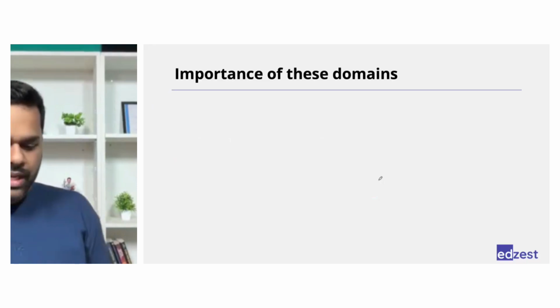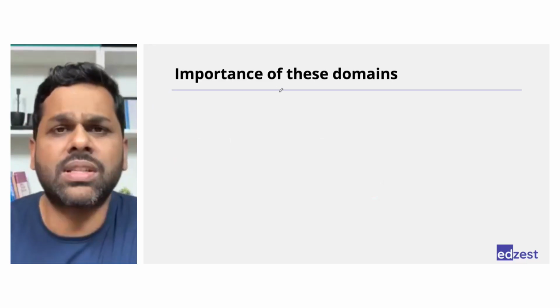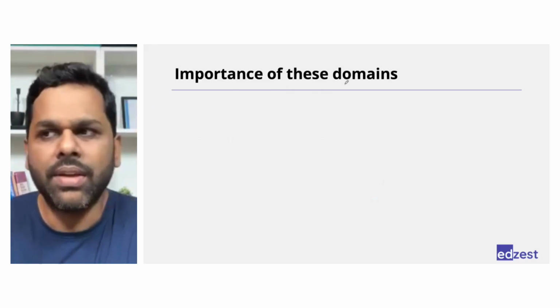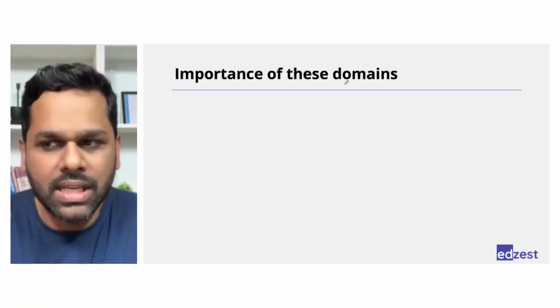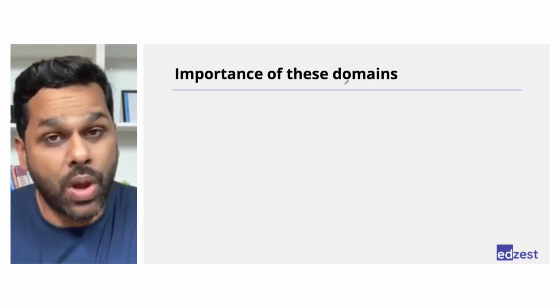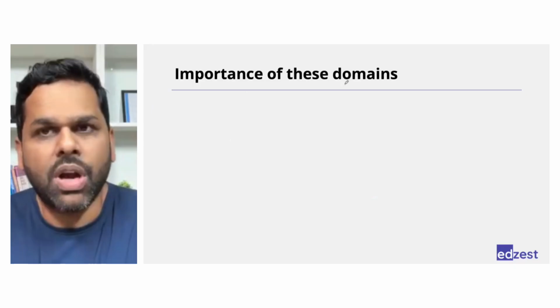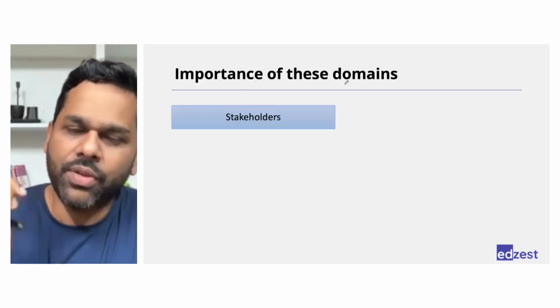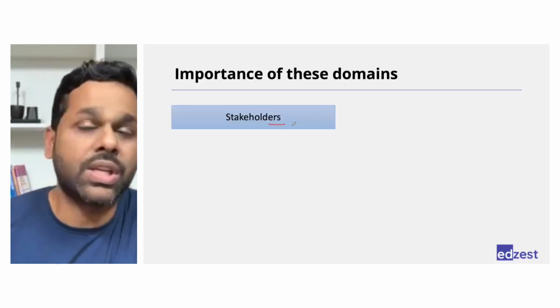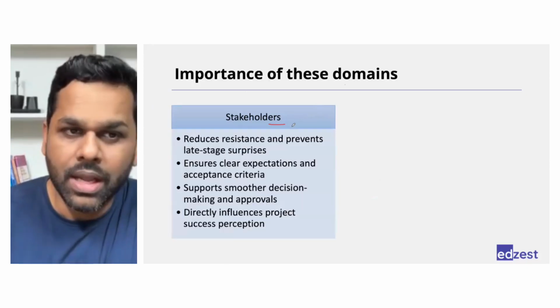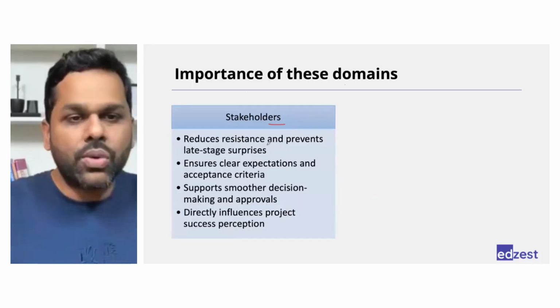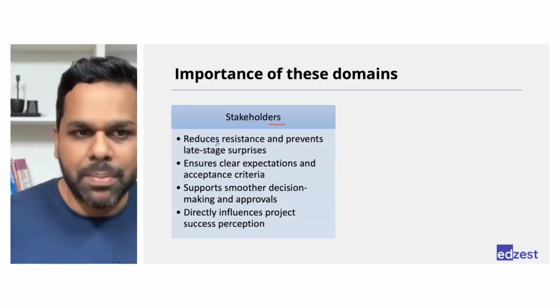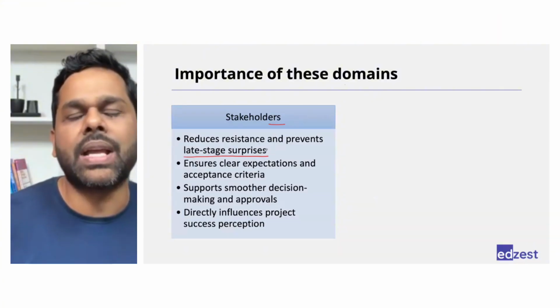So just like yesterday, let's discuss the importance of this domain, which means if we manage these particular performance domains well in the project, what will be the benefit? If you handle stakeholders well and engage with them well, you will be able to reduce the resistance and prevent any late stage surprises.